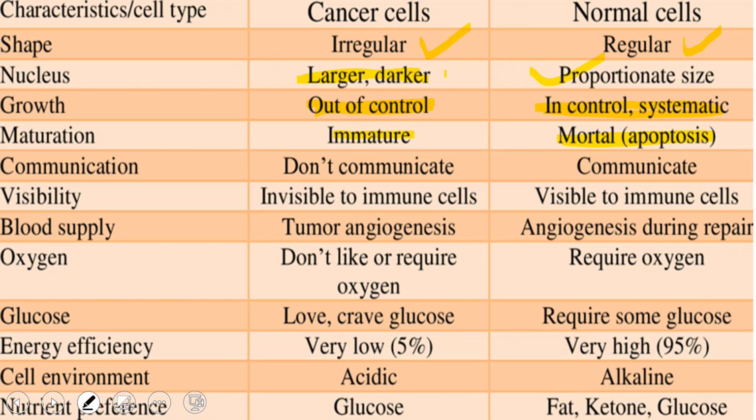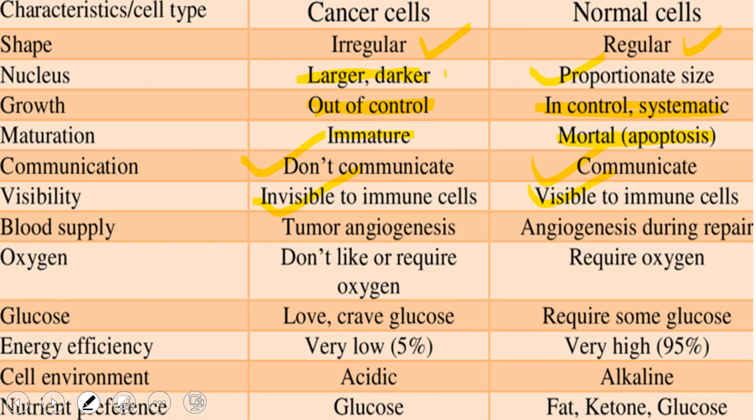Now cancer cells lost the normal communication processes, they are not responsive to any kind of signaling systems. Normal cells respond to communications. Cancer cells normally adopt some strategy by which they hide themselves from our immune system, so they are invisible to the immune system, whereas normal cells are visible to the immune system.